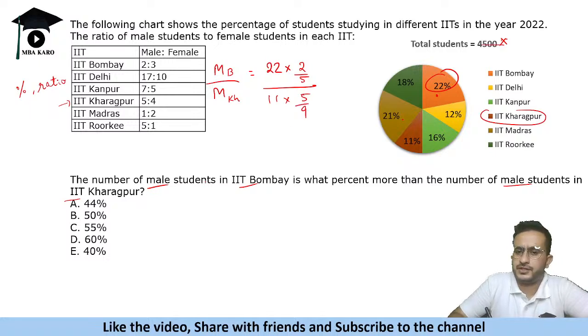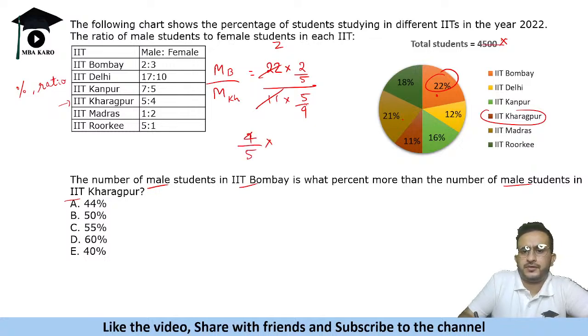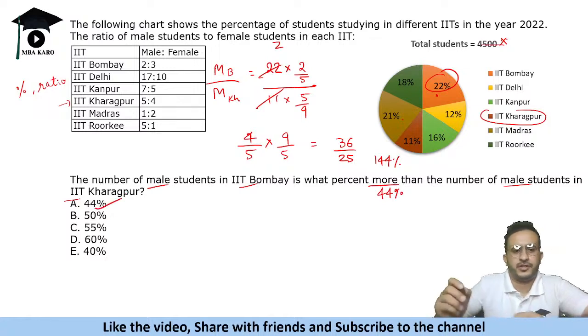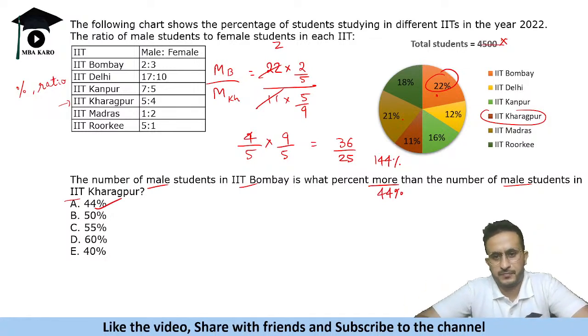So this is the ratio that we will get. 2 times 2/5 is 4/5, divided by 5/9, which is 4/5 into 9/5. So this is 36/25, which is 144%. 144% means 44% more. The answer is 44%.